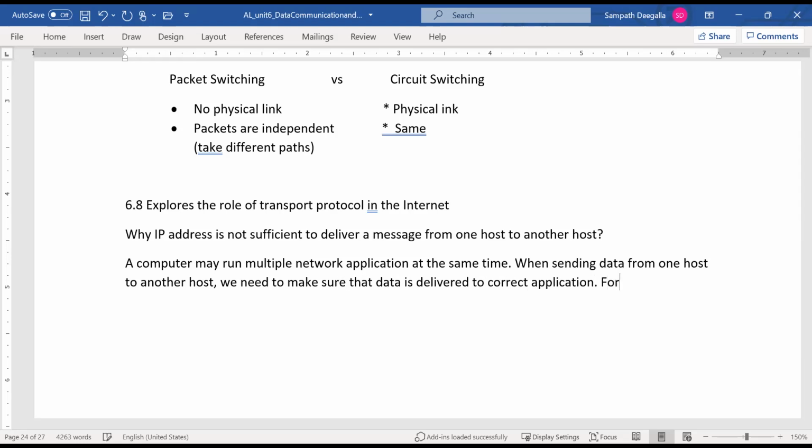For, let's say, each process. We know that each process means when you run an application, there will be a process.